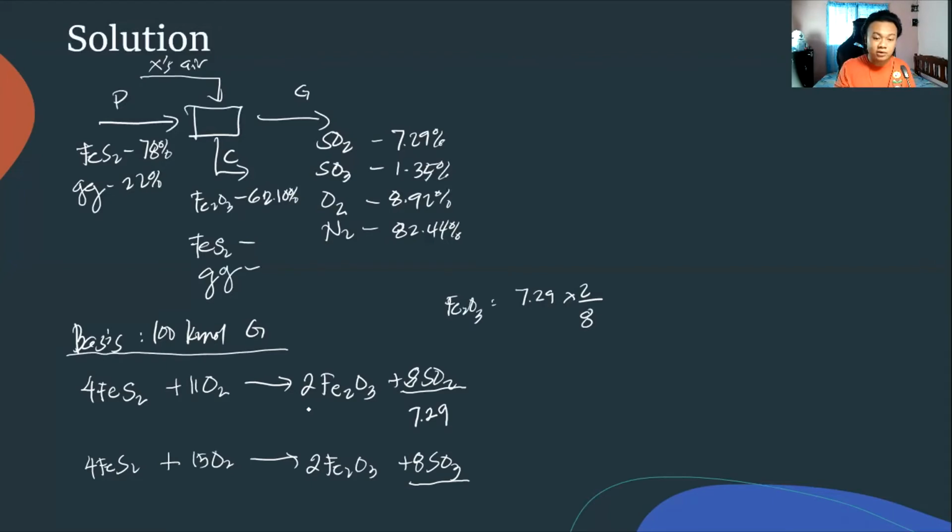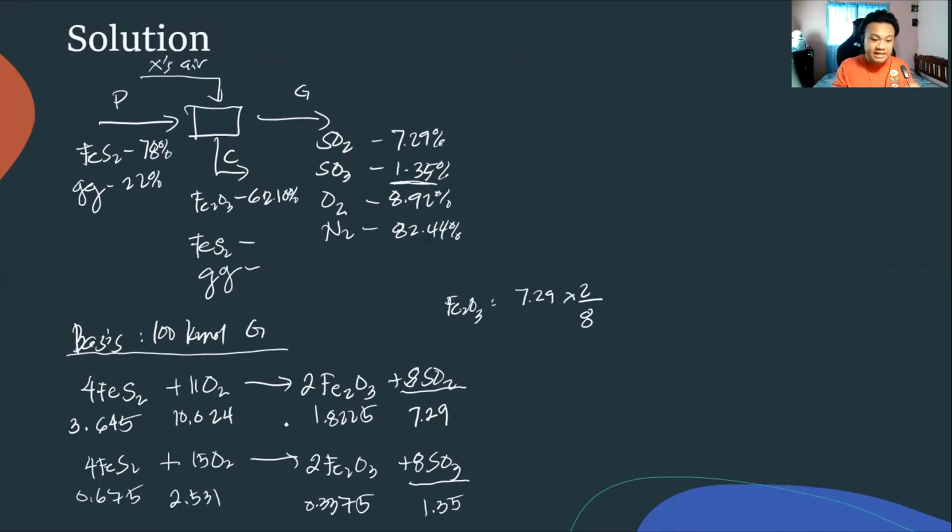So that's how you can get the moles of Fe₂O₃. And let me just write it for you, what I've obtained. So that's the amount of everything in this reaction. And then we also have here below, diba, SO3, this amount, 1.35. So still the same.